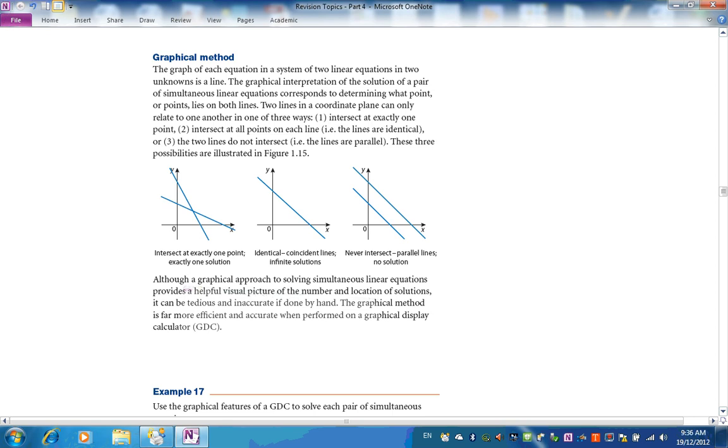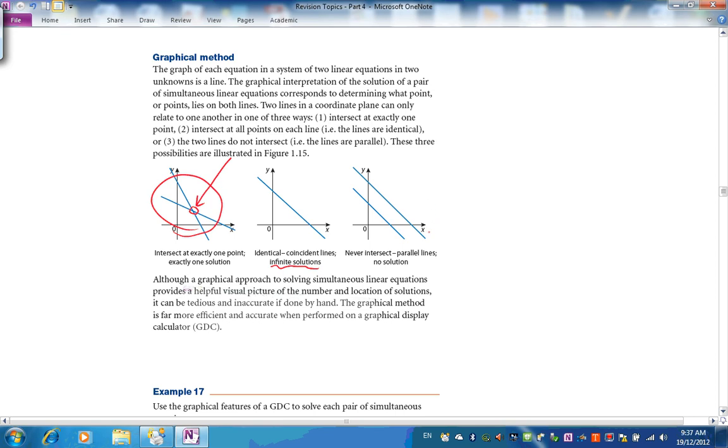Now here, this is the one that's most interesting, because if we had the equations of those two lines, the solution would be this point here, the point which is on both lines, which satisfies both equations. If the lines are the same as each other, all the points on one lie on the other, so there are infinite solutions.